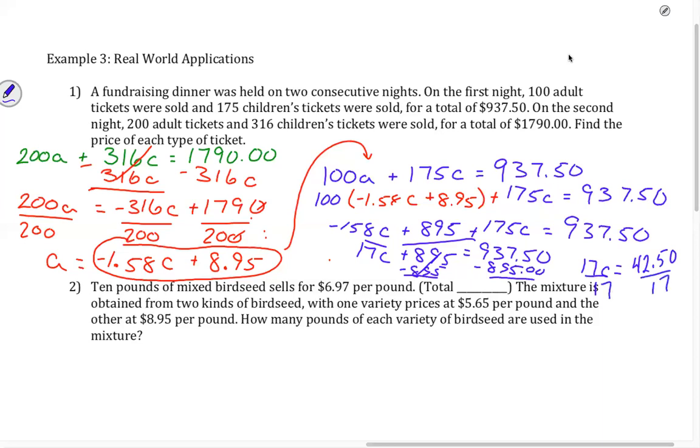And Lance, did you finish the problem? Did you get, don't tell me. Did you get kids cost is 250? So I got the kids cost is 250. Now I plug it back into this.